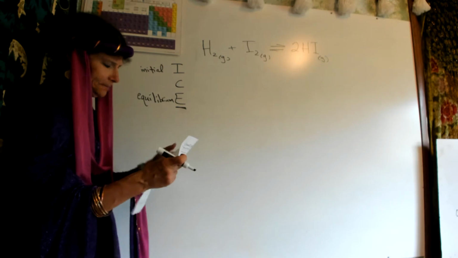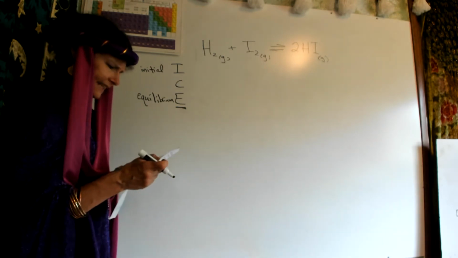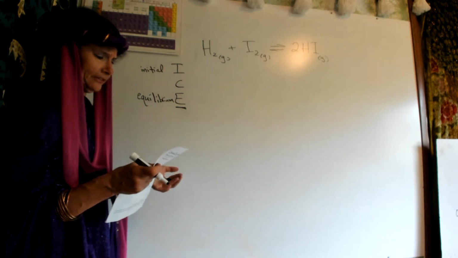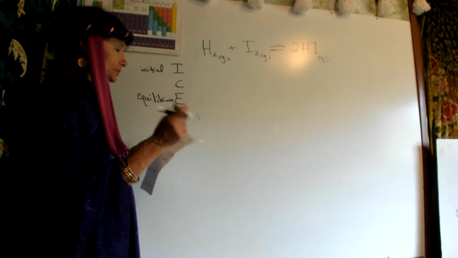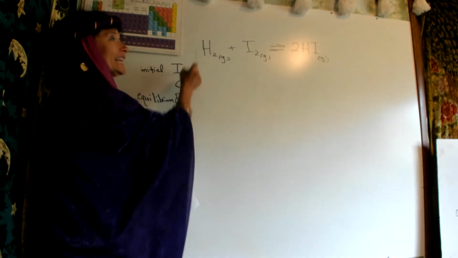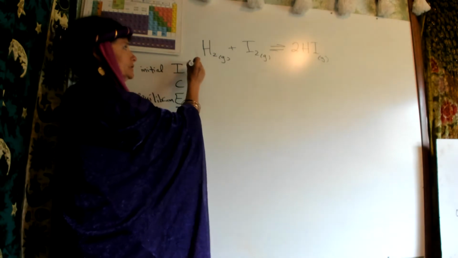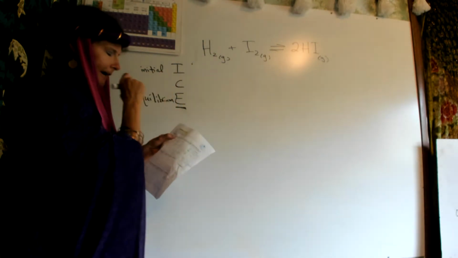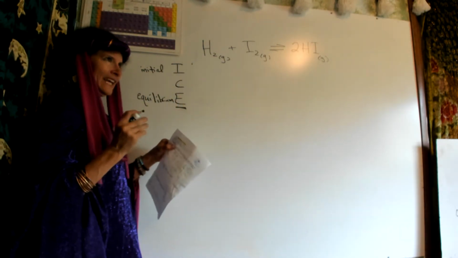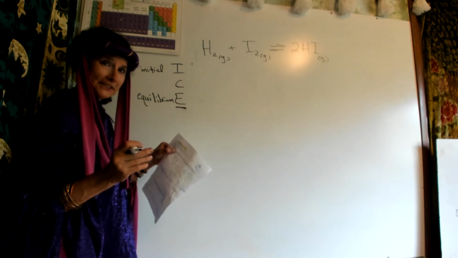But if you look at this problem that we're doing, it doesn't say we're at equilibrium, it just says we mix some stuff. So it says we mix some hydrogen. So this is how we organize the information. So some students like scientific notation and some of you don't.